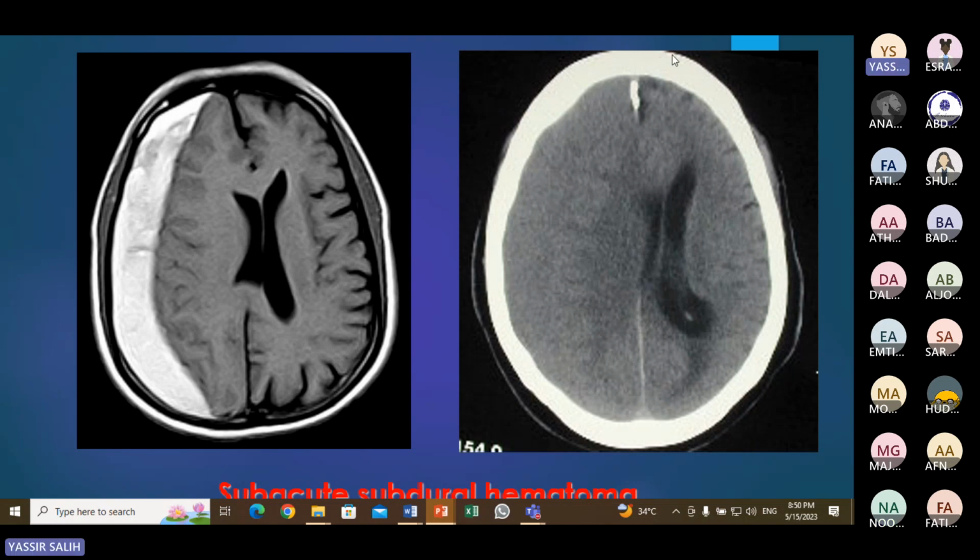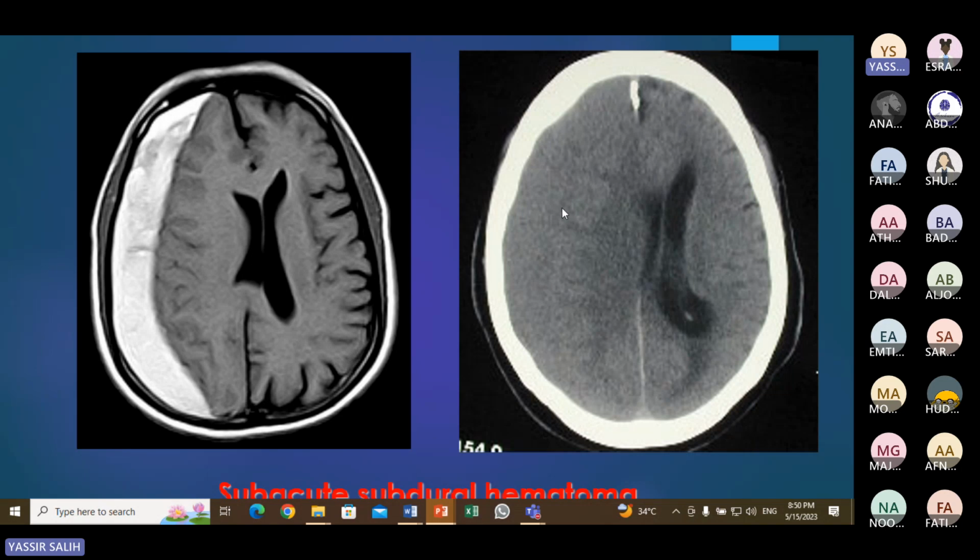This is the right ventricle, compressed and deviated to the left side. The right ventricle is compressed and there is a midline shift. Normally the right ventricle should be on the right side, but there is shifting of midline structures and compression. We call this mass effect.